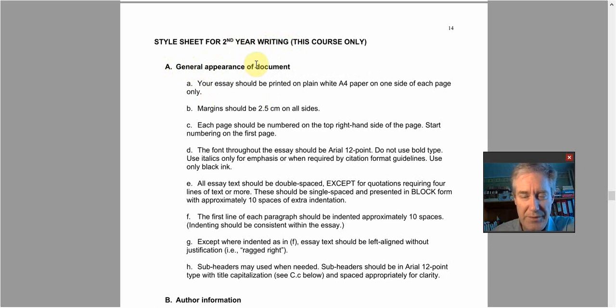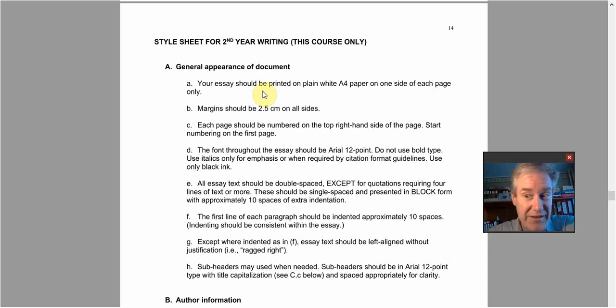Part A, general appearance of document. Okay, your essay should be printed on plain white A4 paper on one side of each page only. So don't use any colored paper, no blue or pink or purple or red paper. And some of these instructions you may think seem silly, like would somebody really do it in a different way?